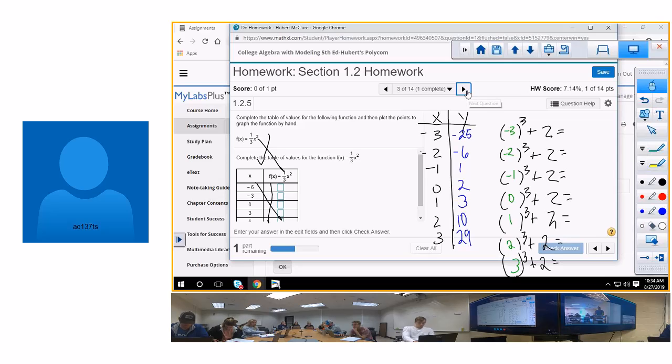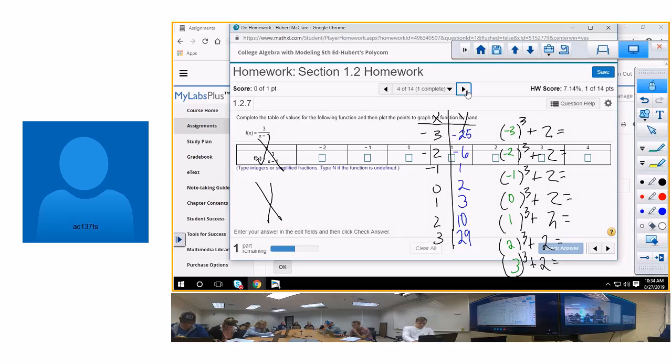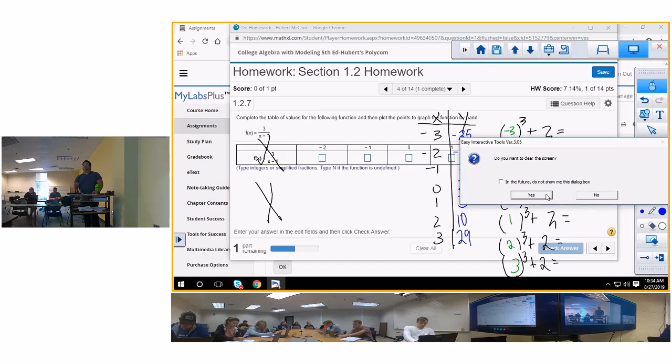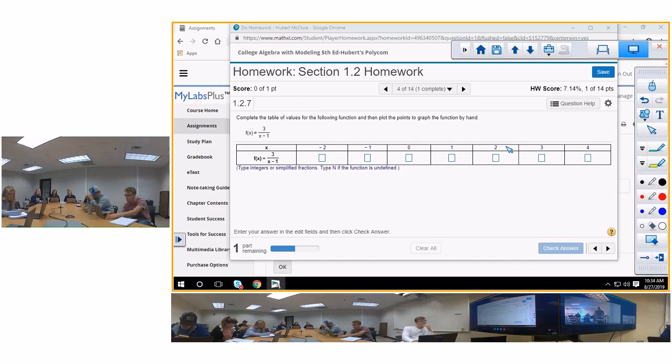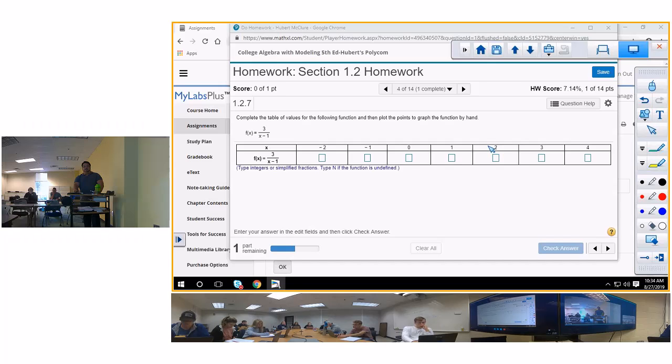Of course, you need to be able to graph these on your calculator also. X minus 1. Of course, you plug in 1. What's the domain of this function? All numbers except for what? 1. Why? Because what number can you not have in the denominator? 0.